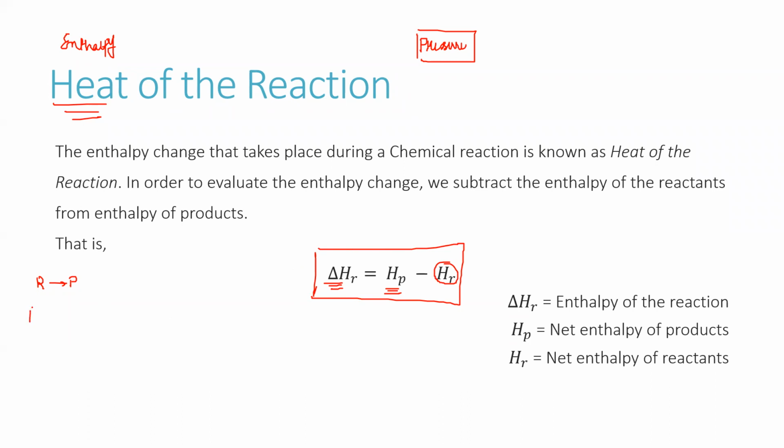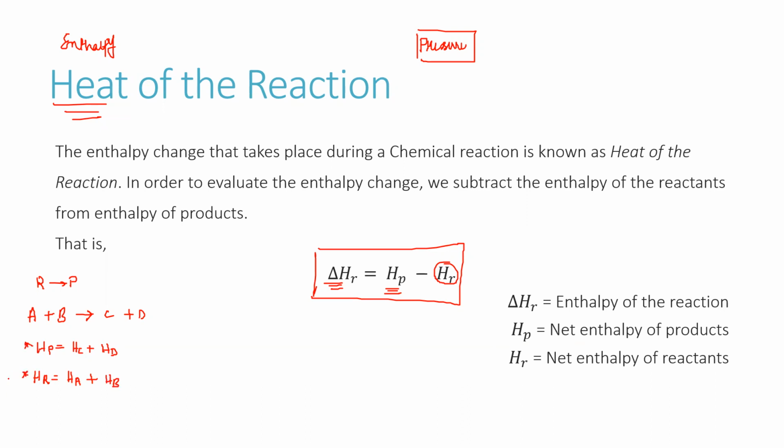So for example, if I take a very simple chemical reaction, A plus B gives C plus D. In that case, we'll have enthalpy of products equal to enthalpy of C plus enthalpy of D. While when we're talking about enthalpy of reactants, that is going to be enthalpy of A plus enthalpy of B. All right.